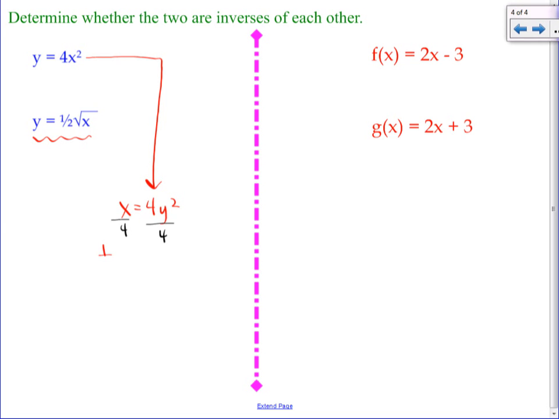Another way to write that is 1/4 x equals y squared. And then what? Heard somebody whisper it. So we've got plus or minus the square root of 1/4 x equals y. Now, let's take a look at this. We've got 1/4.